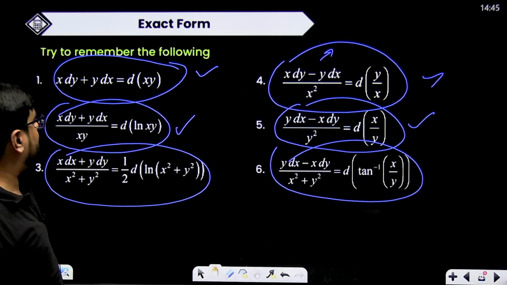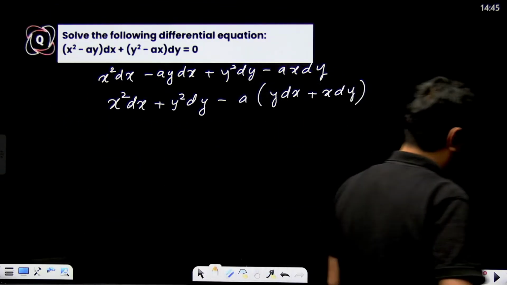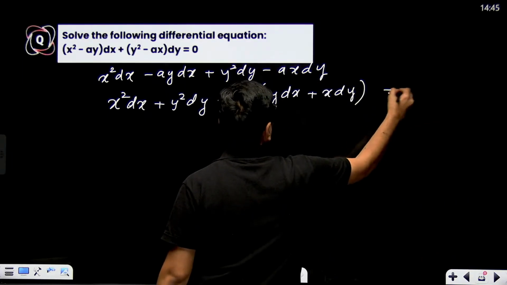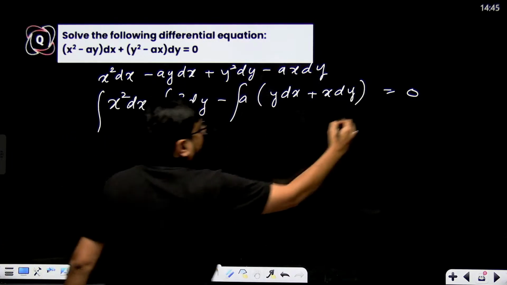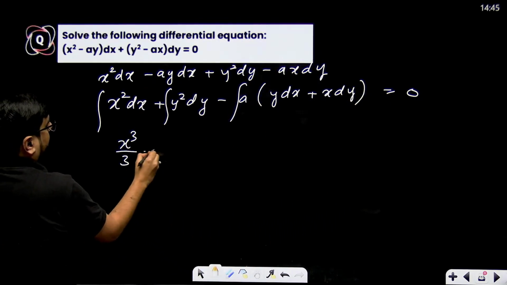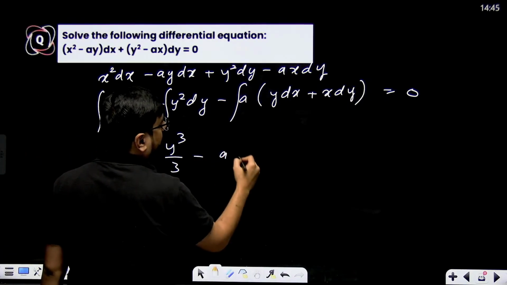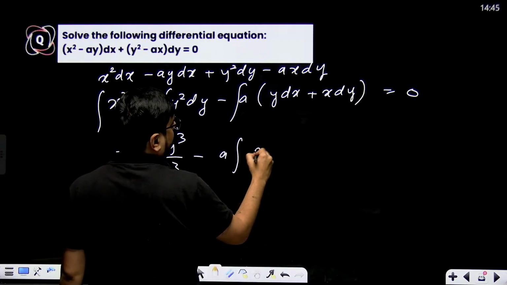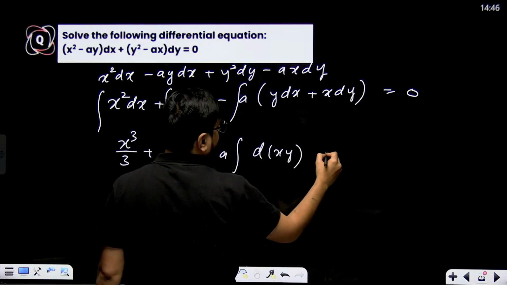x square dx plus y square dy, this also we can directly integrate. This is equal to 0. So integrate all of these. Integrating, we'll get x cube by 3 plus y cube by 3 minus a times the integration of d of xy, equal to 0.